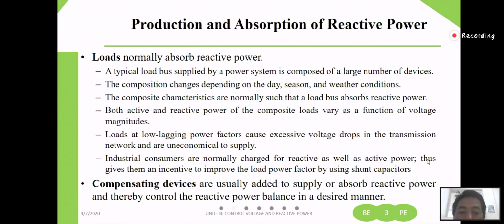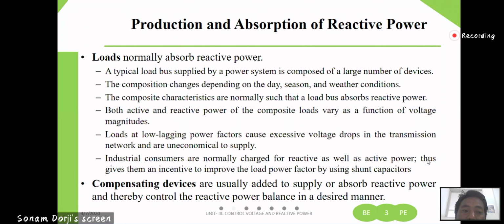Okay, so in this lecture one, that's production and absorption of reactive power. What you have to know is there are three objectives: which device will absorb and which device will generate the reactive power. Here in this lecture, we are not talking about how to control the voltage and reactive power. We are just seeing which device will absorb and which will generate the reactive power.